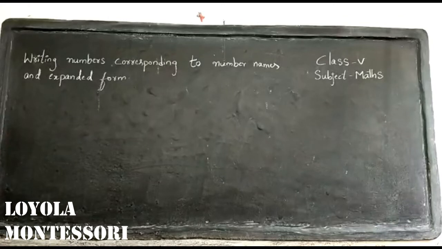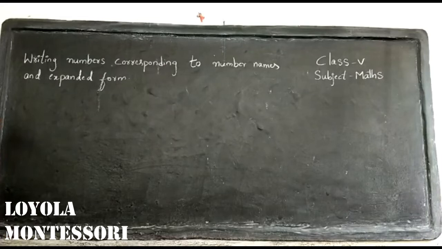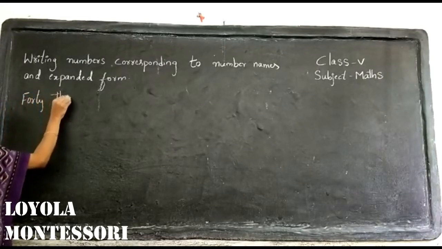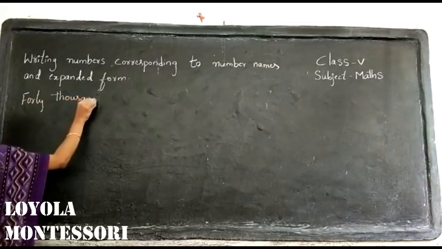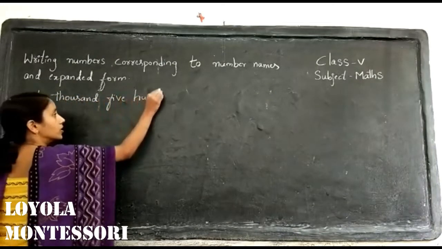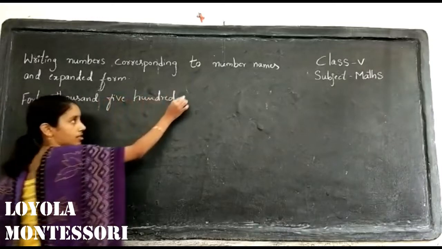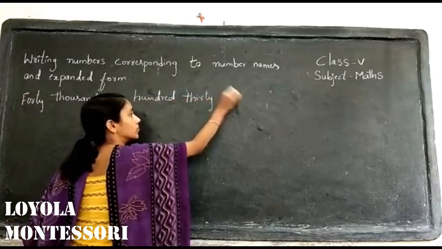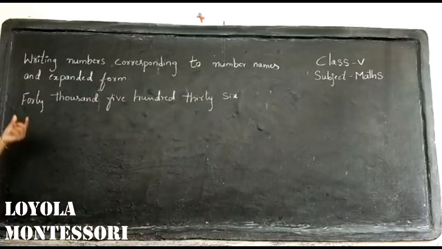Now writing numbers corresponding to number names and expanded form. So from number names, how to write a number, and from expanded form, how to write the number. Suppose we take 40,536. Here, take the highest place value.